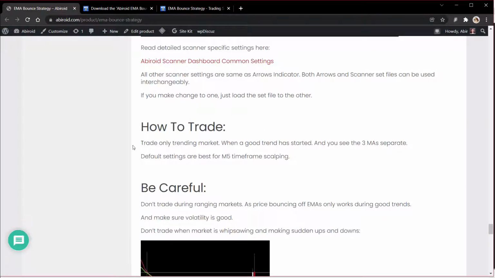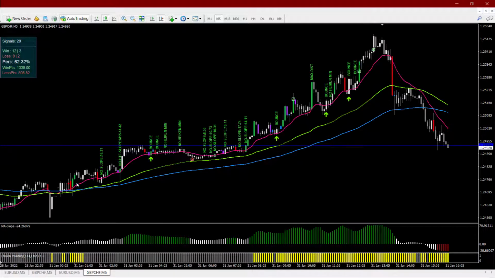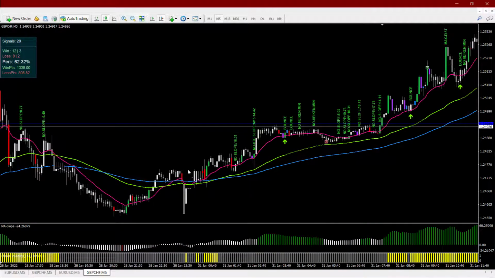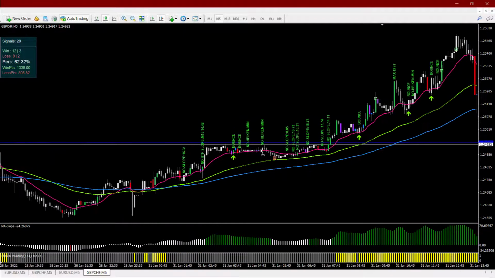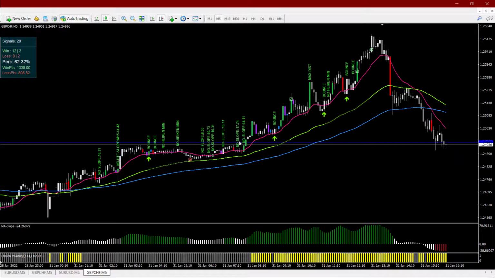And how to trade. So only use this strategy when trading trending markets. So if you get a particular arrow signal, then don't directly place a trade. Just look through the chart manually, and if you see that these moving averages have separated nicely, and if the trend has been going on very well, and suppose if price is ranging, like you get very small bars like this, in that case, don't place a trade like over here, because if price isn't in good volatility and it's not trending very well, then you won't get a good profit.